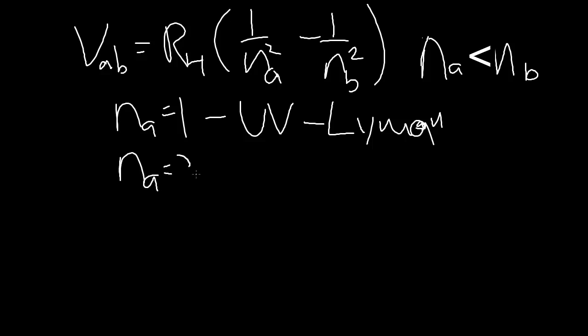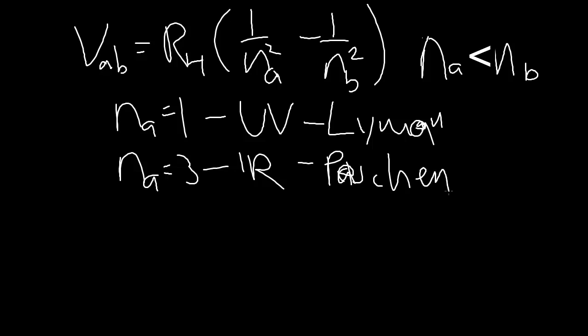If we put nA equals 3, we're into the IR, and we call that the Paschen series.